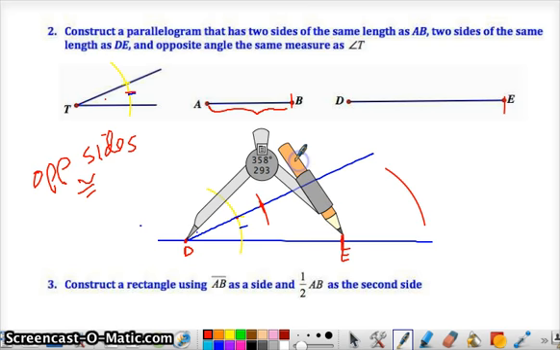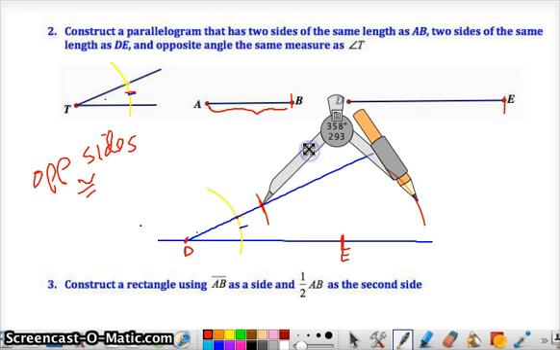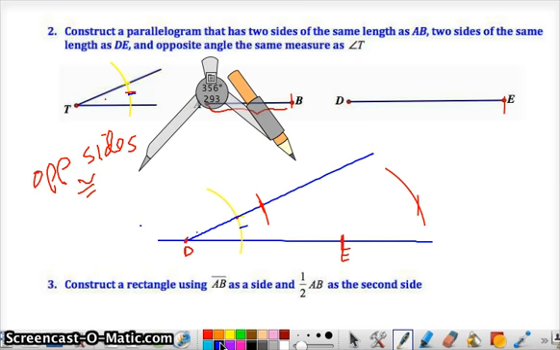Right, so that's how long that is. So I'm going to replicate that from this point. I'm going to see where it intersects. So here's that intersection point. So if I connect this point to this intersection over here and E to this point, then I should have a parallelogram. So let's do that with our rulers.